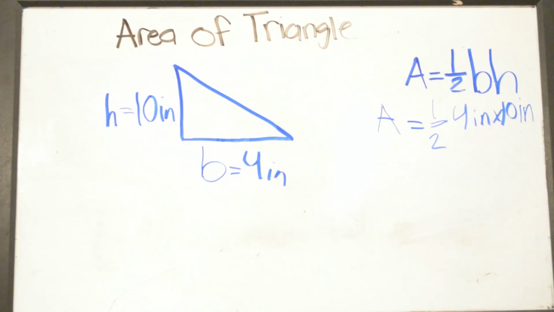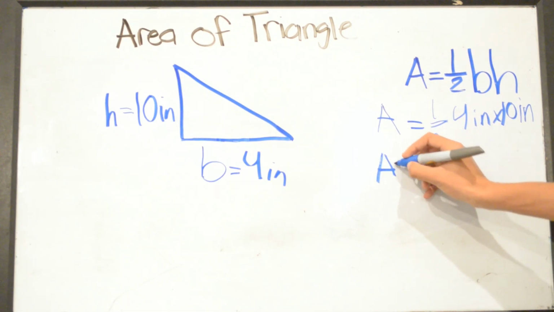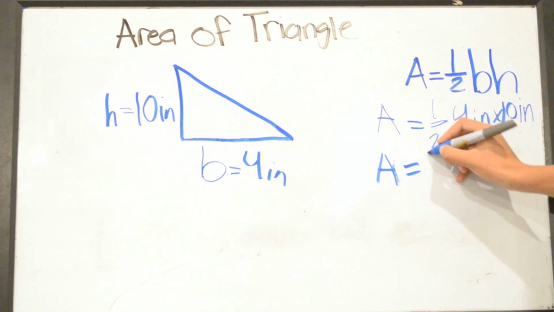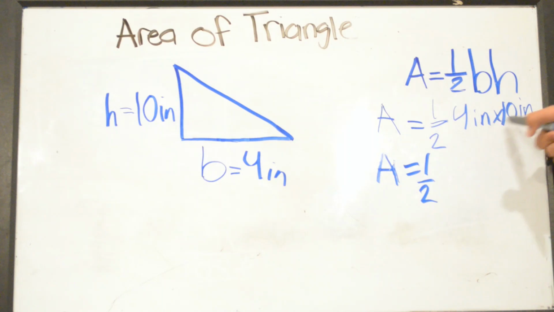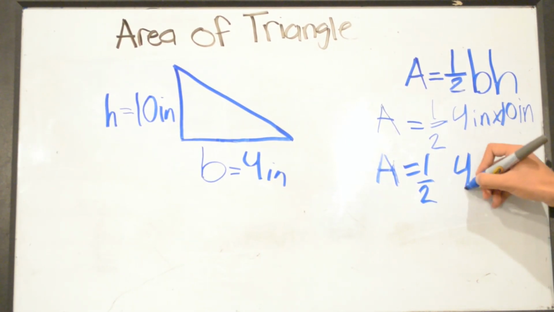Now we multiply our base by height. So here we write down A equals 1/2. 4 times 10 is 40 inches.